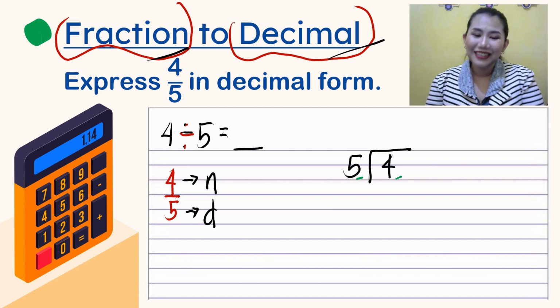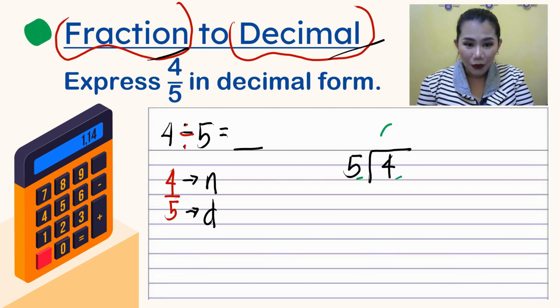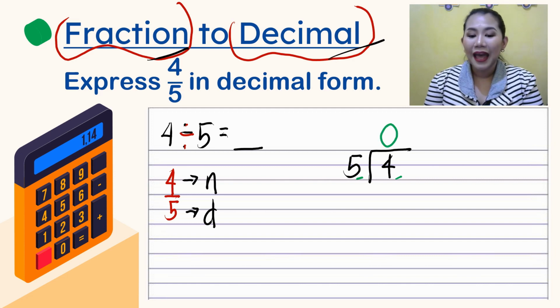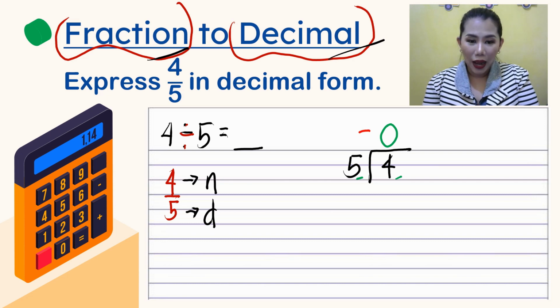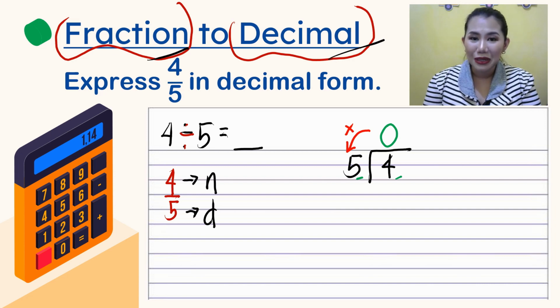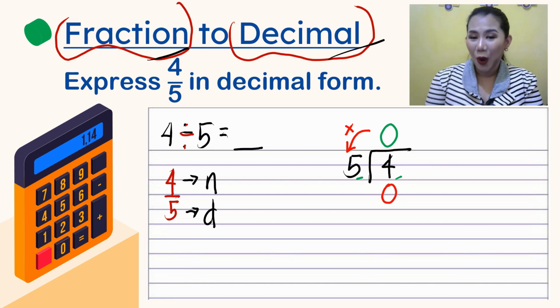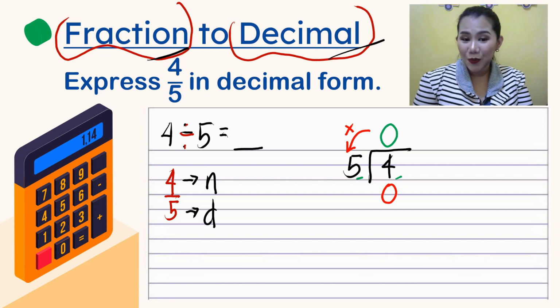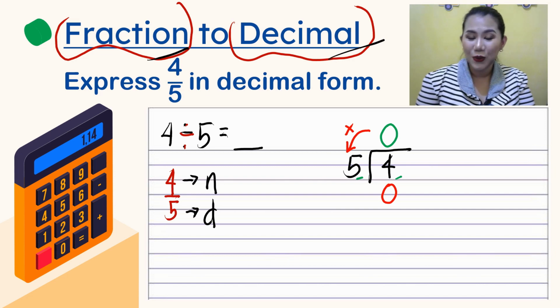Hindi, di ba? So, therefore, we write above 0. And then, yung 0 ay ita-times natin kay 5 pabalik. 0 times 5. What is the answer? Without using calculator, of course. That is 0. Remember the zero property? Any number multiplied by 0 is equal to 0.